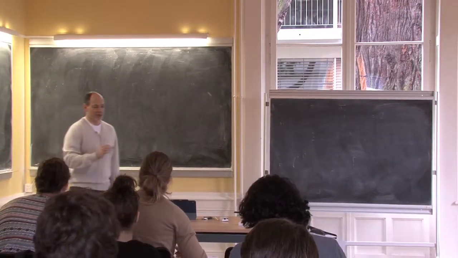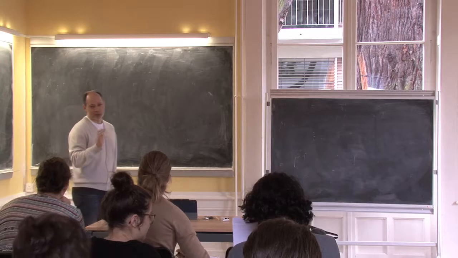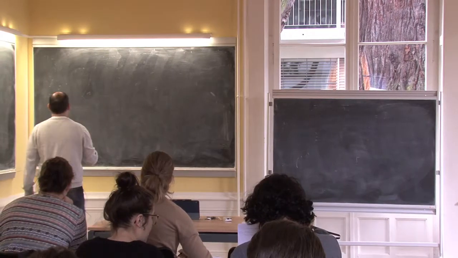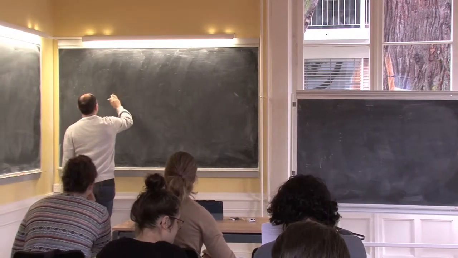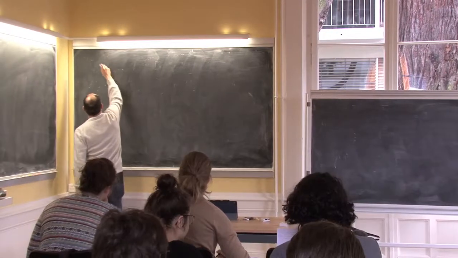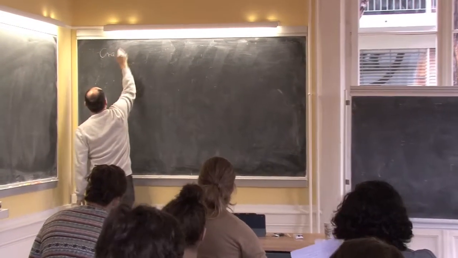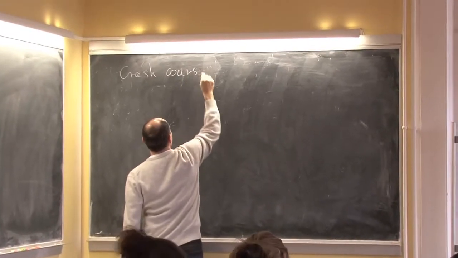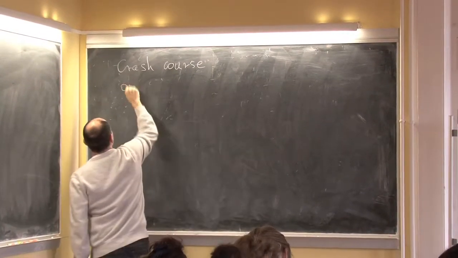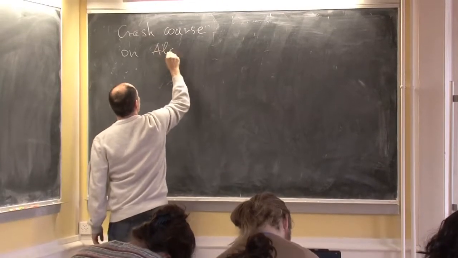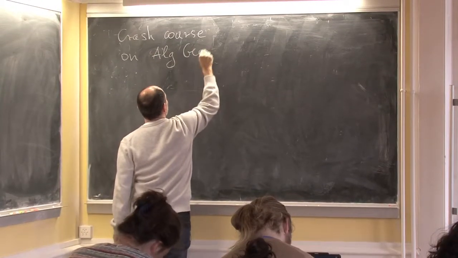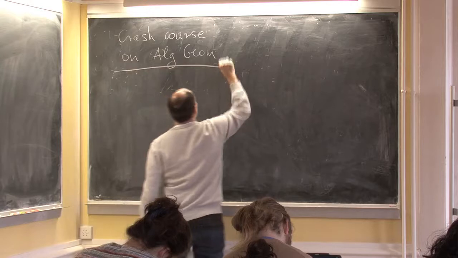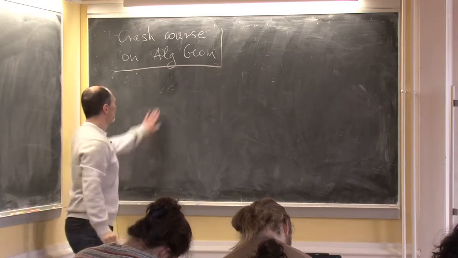So I'll explain whatever I understand of algebraic geometry, which is not so much. So this is a crash course on algebraic geometry. It's really just a review rather than a course.